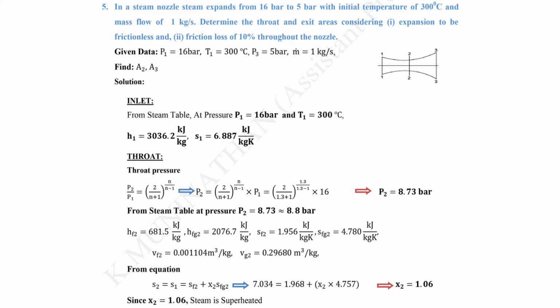P2 by P1 is equal to (2 by (n plus 1)) power n by (n minus 1). Then from the steam table we know the pressure 2 value. From that we can obtain HF2, HFG2, SF2, SFG2, VF2, VG2 values.